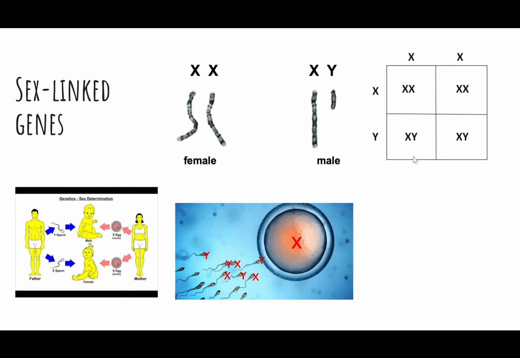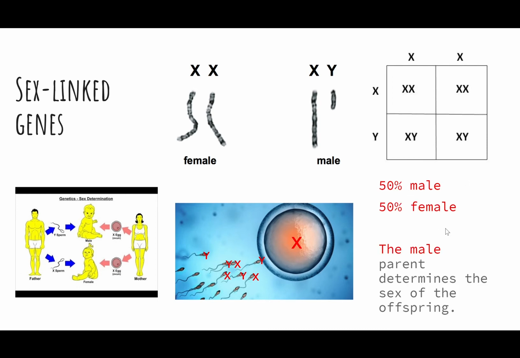And this is, of course, according to probability, right? I'm sure you know families, or you may even be in a family where that is not 50-50. But if you look at the overall population, that is generally what the percentages should be, right? So we should have 50% male, 50% female.